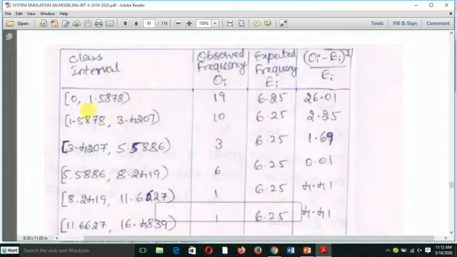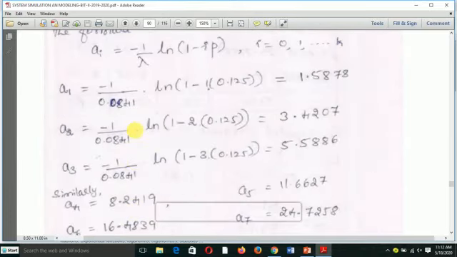The second one will start from 1.5878 till the second end point, which is 3.4207. The third one will start from 3.4207 and go to 5.5, like that.